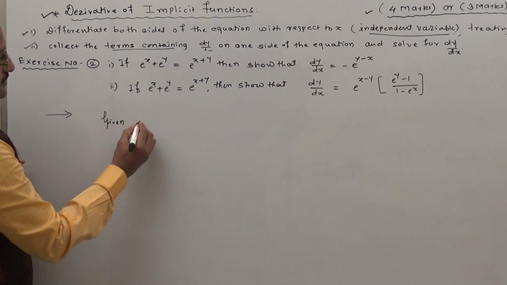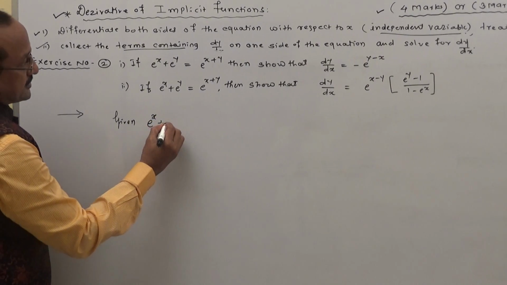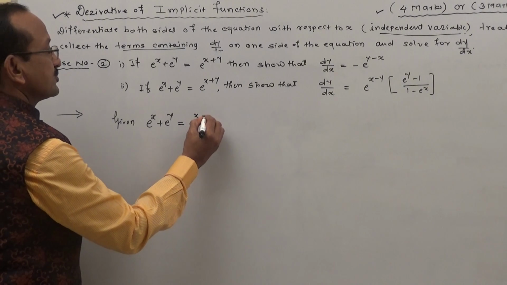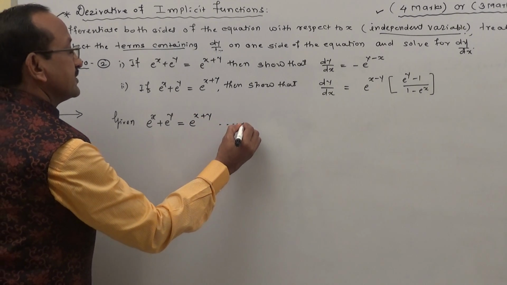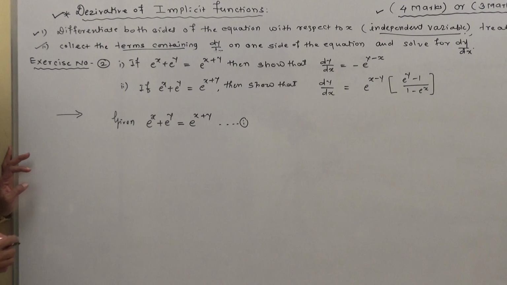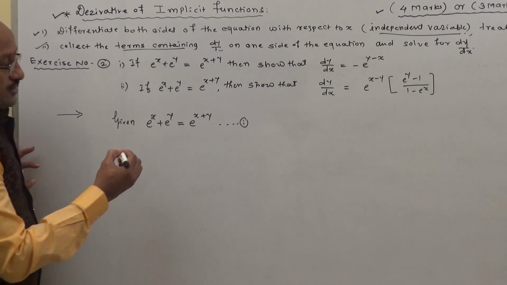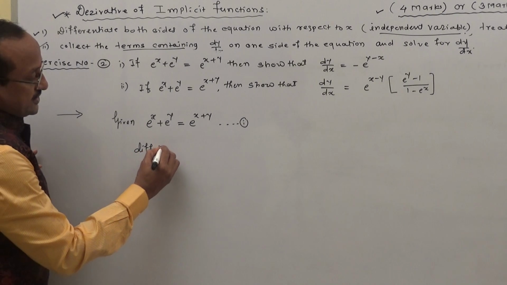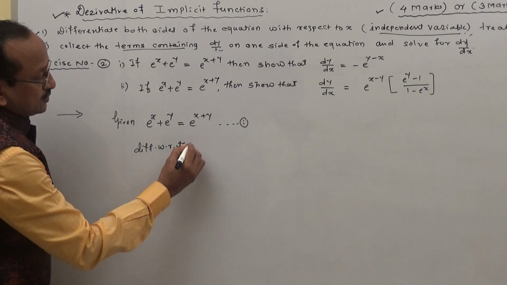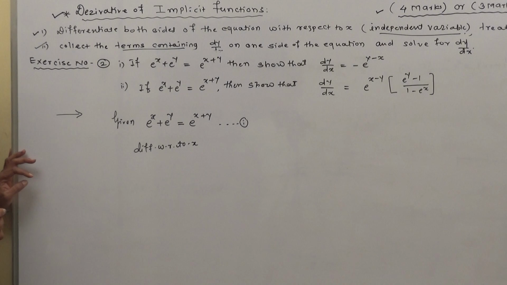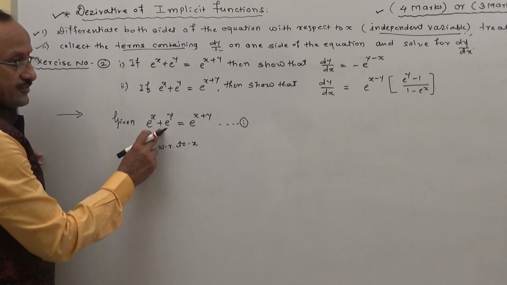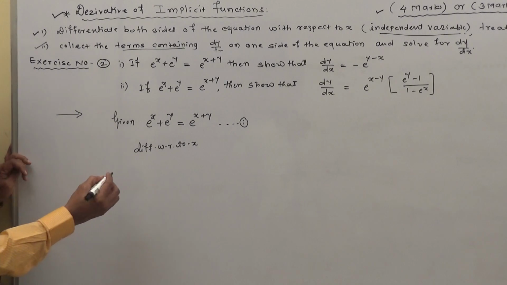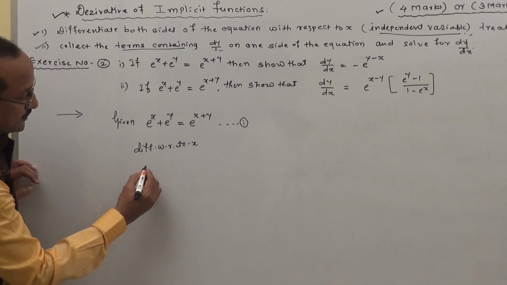So here given e raised to power x plus e raised to power y is equal to e raised to power x plus y. So view number 1 here. Now differentiate this function with respect to x, because here addition, that's why you have to differentiate both the sides with respect to x.